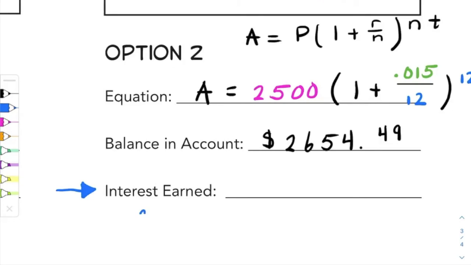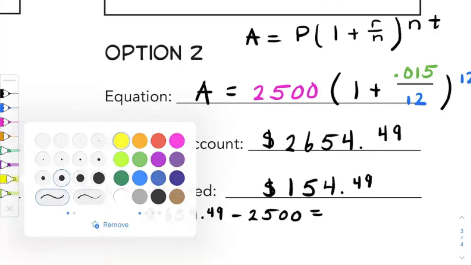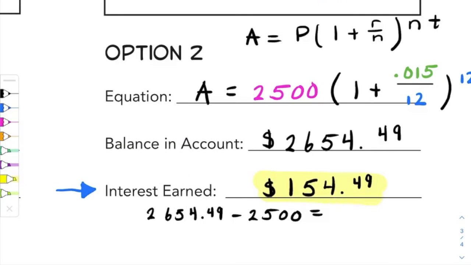We have $2,654.49 minus $2,500, which was the starting point. So this is an extra amount of interest, which is $154.49. This here is the amount of interest you earned over those 4 years.